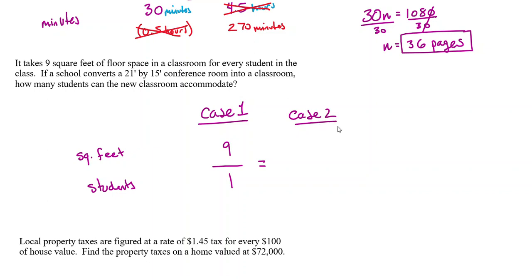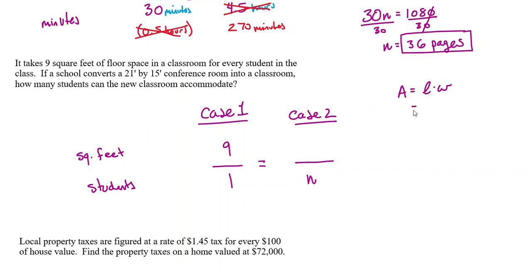So we're asking the question, what is the number of students? But do we know the number of square feet in this new classroom? And the answer is not yet, but we're about to because we can do multiplication. The area of a room is the length by width, length times width.